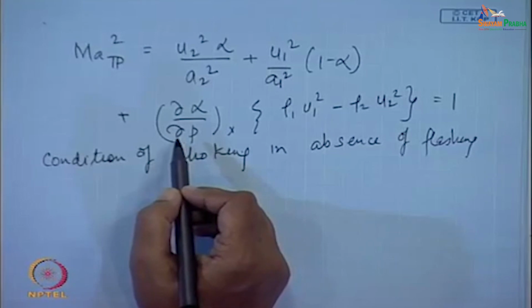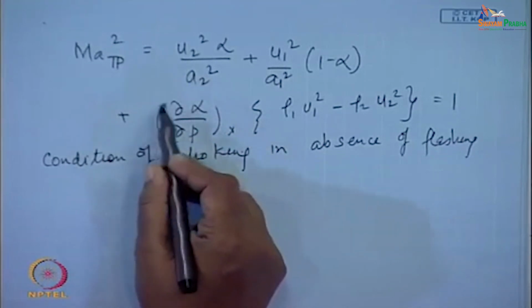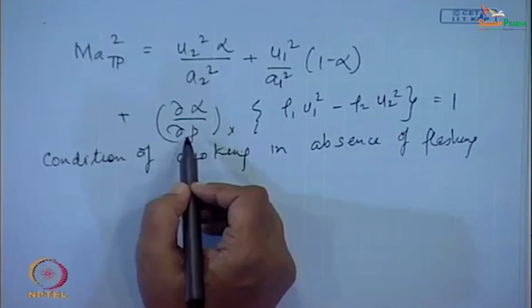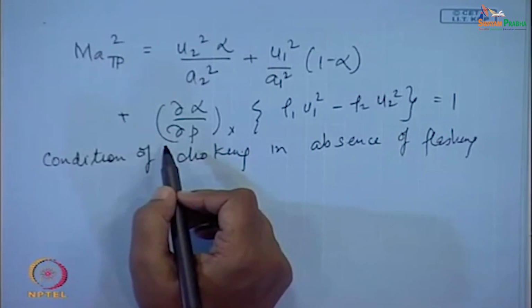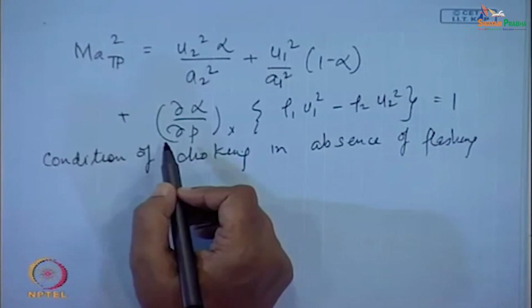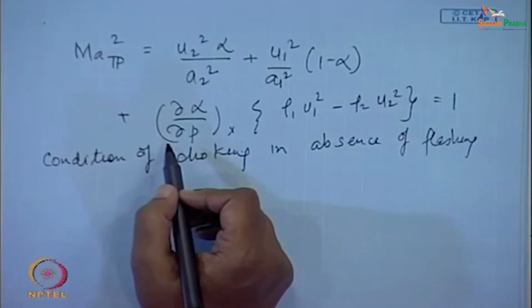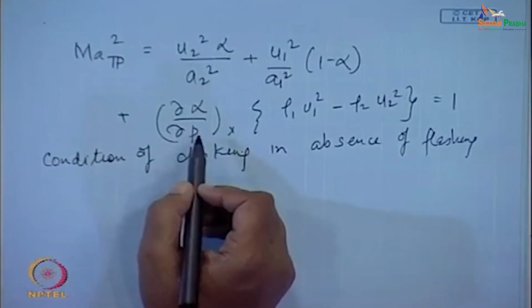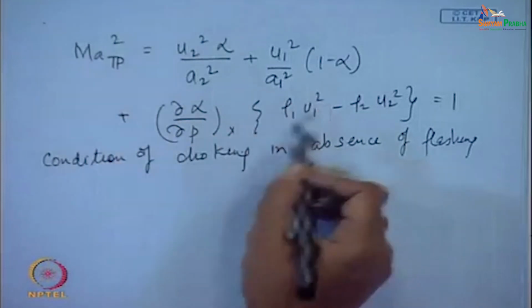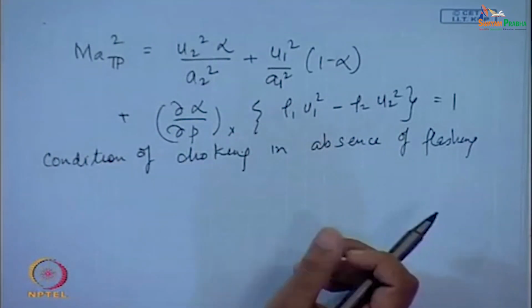Now, this particular differential is usually derived from correlations which are obtained at moderate values of pressure gradient, when the frictional forces dominate the inertial terms, and then naturally alpha is not a very strong function of p. So, in that particular term, this equation is slightly misleading.